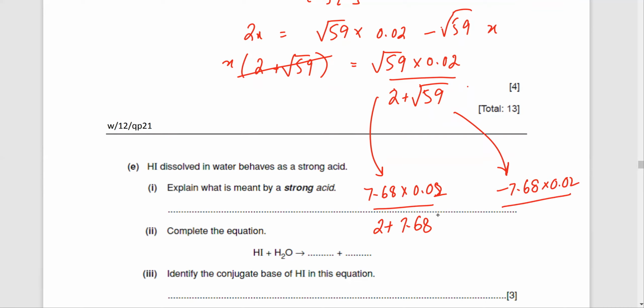So can anyone try and calculate what the values are? Sir, for the first one, I'm getting 0.016 mole. Three significant figures here, 0.0159. Okay, so 0.0159.